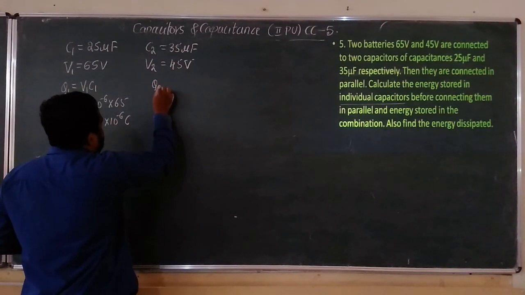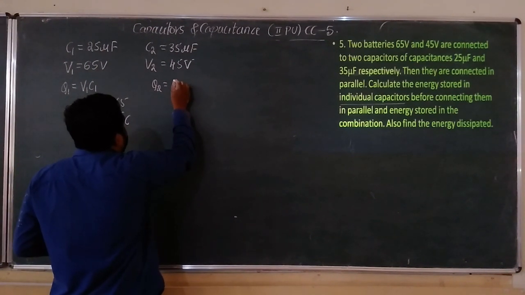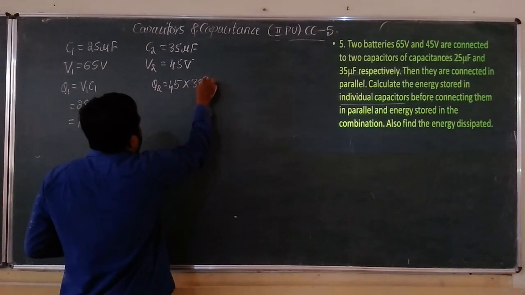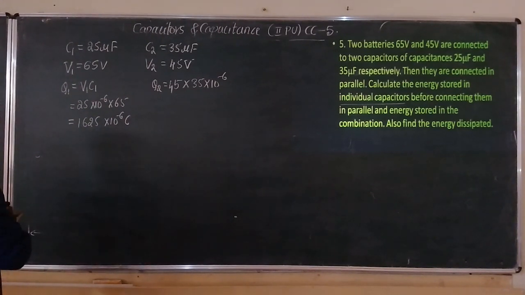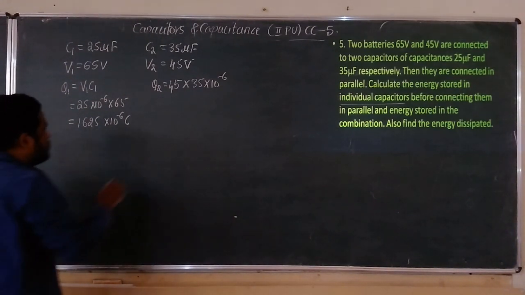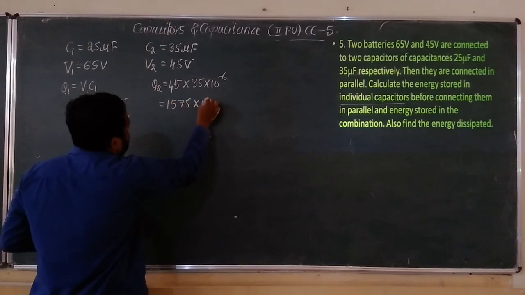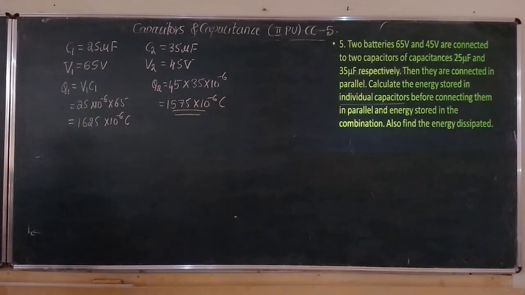Similarly, the charge stored in the second, Q2, is equal to V2 into C2. V2 is 45. So 45 into 35 into 10 to the power minus 6. 45 into 35 is equal to 1575 into 10 to the power minus 6 coulomb. This is the amount of charge stored in these two capacitors.